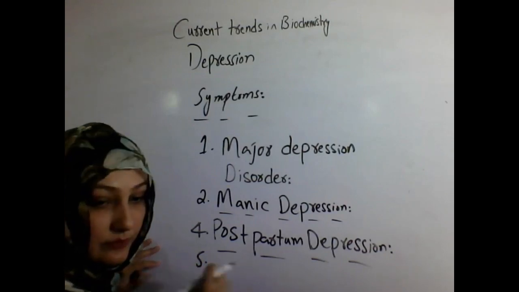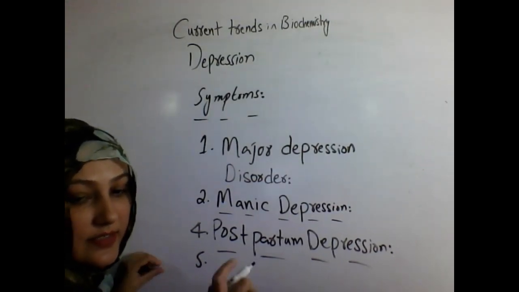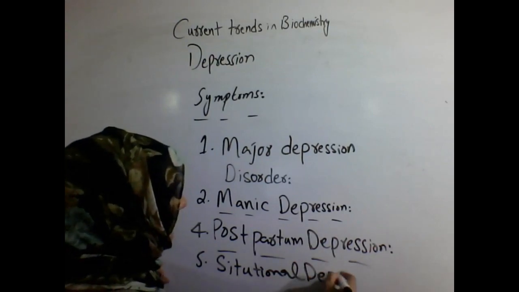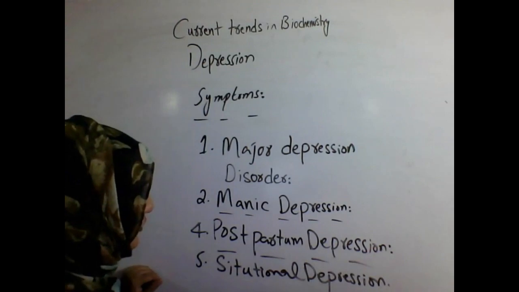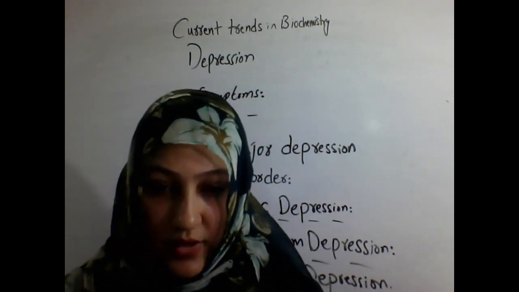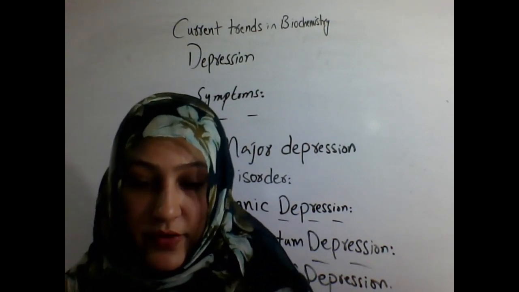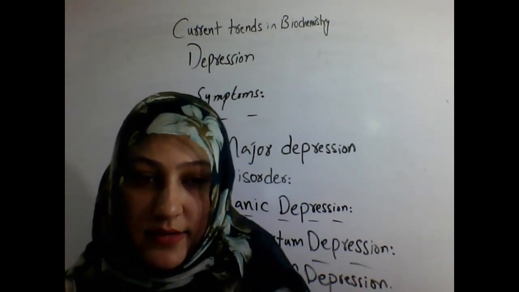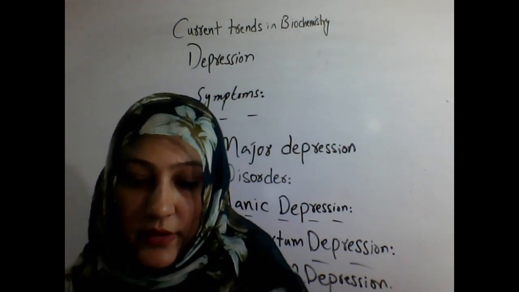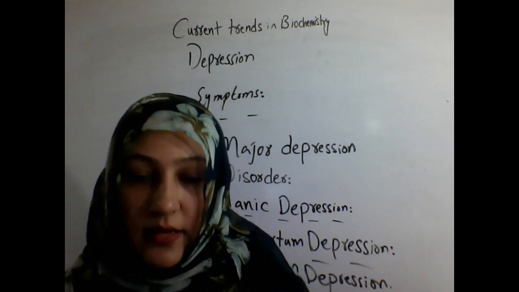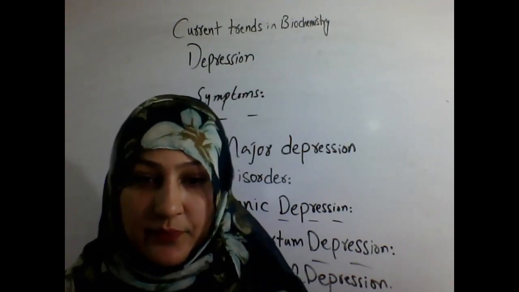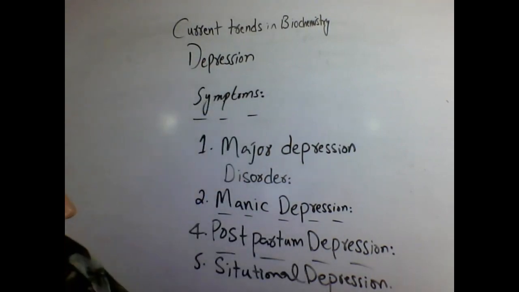Next type is situational depression. This situational depression is related to situations that occur within the life of that person: the death of loved ones, any type of accident, any type of sad event, any type of unbelievable changes in their daily life, or joblessness can also lead to this type of situational depression.